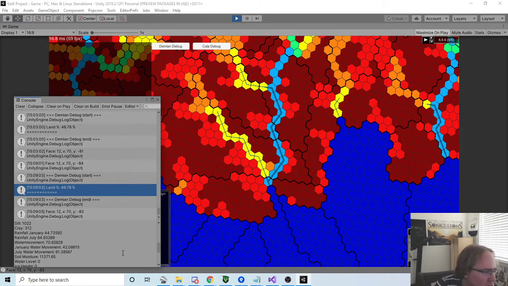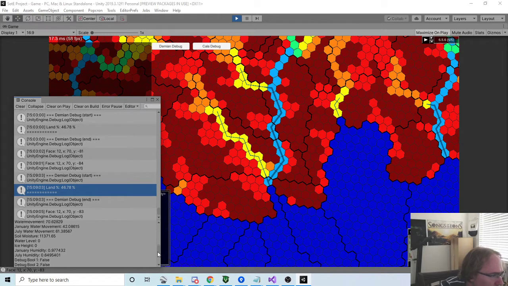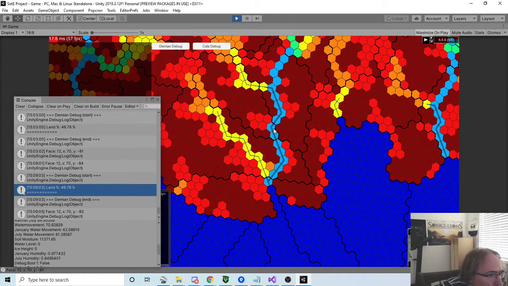See, that's weird. So, something's wrong because here we have soil moisture, which is 11371, and there's no water movement here. So why would the value be so high?